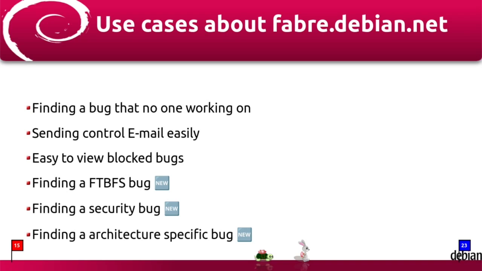Finding a bug that no one is working on. Sending control email easily. Easy to view blocked bugs. Finding a fail to build from source bug. Finding a security bug. Finding an architecture specific bug.